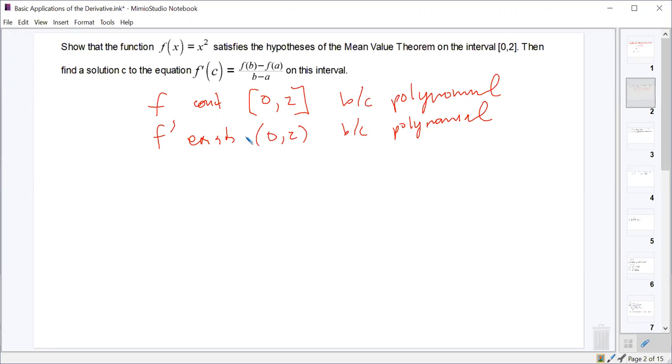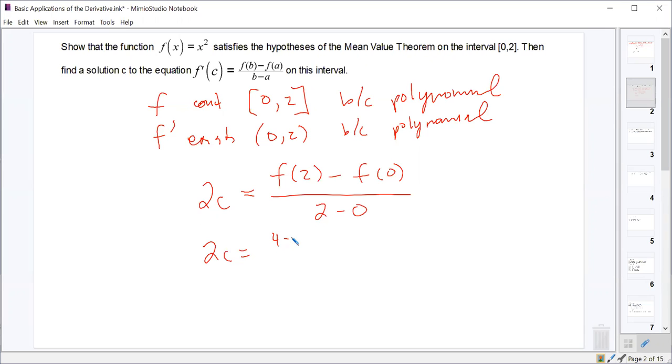So now all we care about is f prime of c. Well, what's f prime? F prime is 2x, right? And so if we evaluate that at c, that ought to be 2c is equal to f of 2 minus f of 0 over 2 minus 0. Or 2c is equal to, what's f of 2? 4.